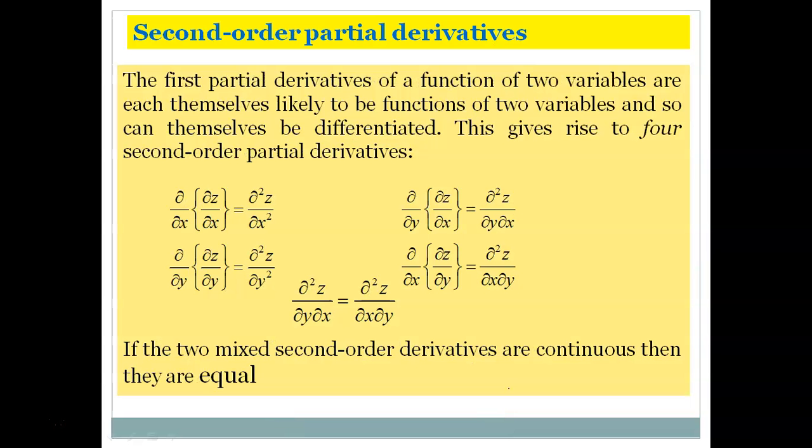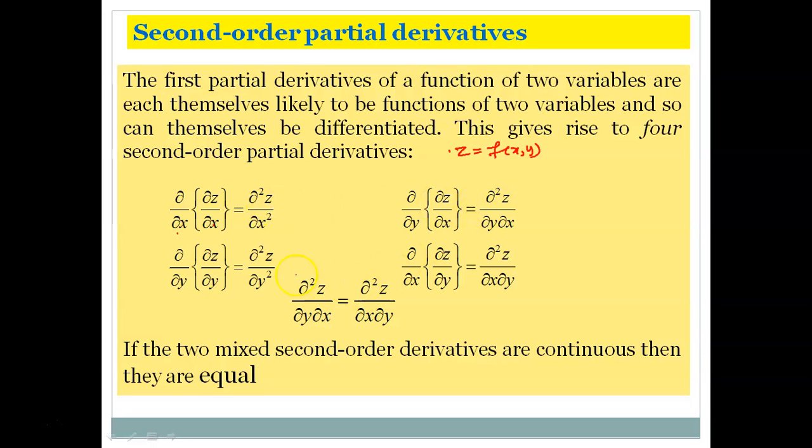Now come to the second order partial derivatives. If we have z as a function of two variables and differentiate partially with respect to x, you get del z by del x, and if you further differentiate the expression with respect to x partially, you get del square z over del x square.